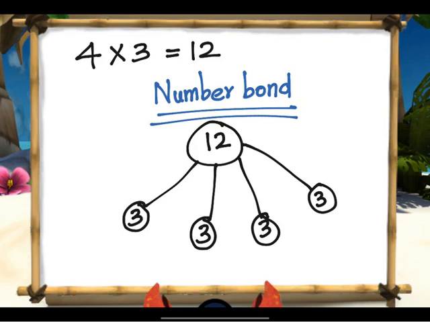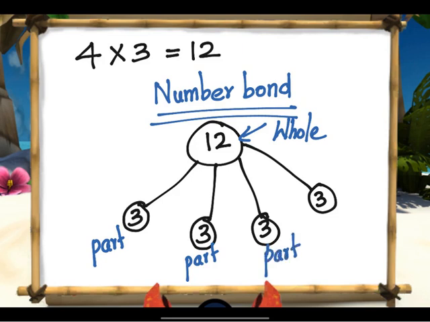So if you see here, as I told you already, this is the whole or the total, and these are parts. So this is part and this is part. This is also part. This is also part of the whole, okay?